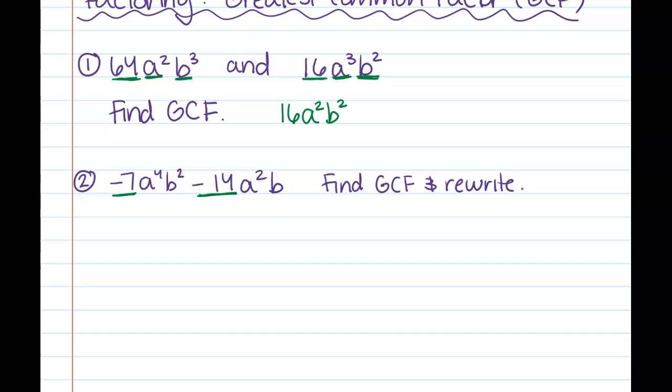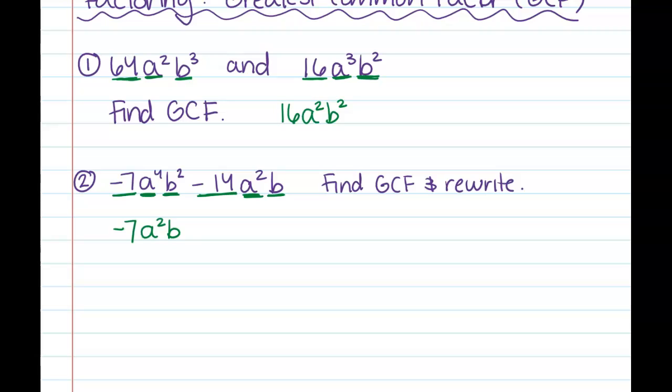I'm going to take out a negative 7, but if you took out a positive 7, that would honestly be fine. That's up to you. As far as our a's, the greatest common factor we can take out of both is a squared, because a to the 4th divided by a squared is a squared, and a squared divided by a squared is 1. And for the b's, b squared and b, our greatest common factor is b, because we can divide both of those terms by b.